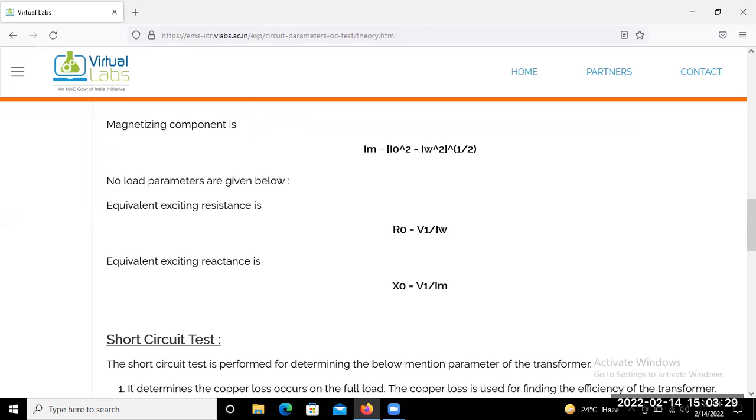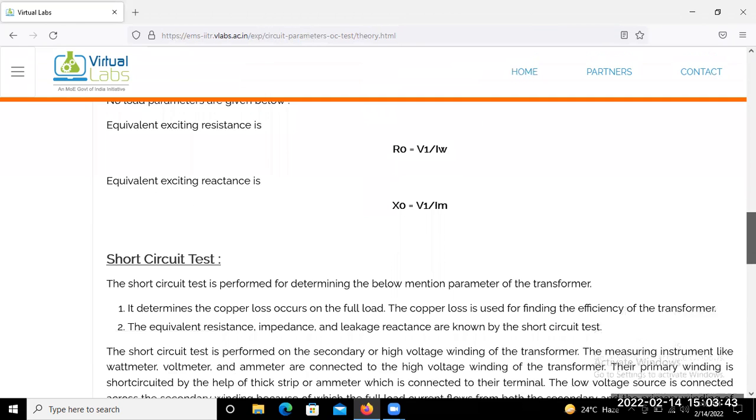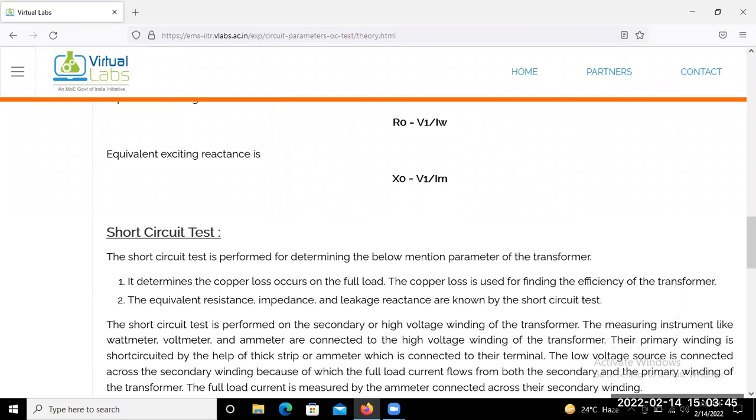Okay, and next, whatever instruments we require, we connect towards the HV side of the winding and the LV winding is shorted. As you know, through this test we can observe the copper loss, or we say the ohmic loss at full load, and other parameters we can find out.